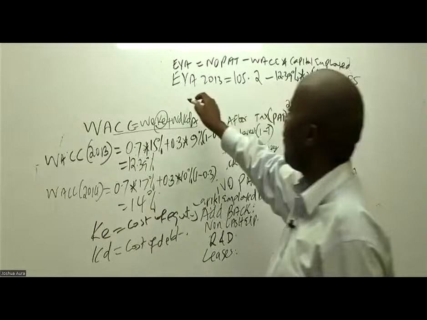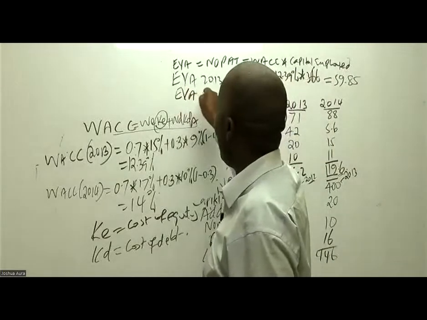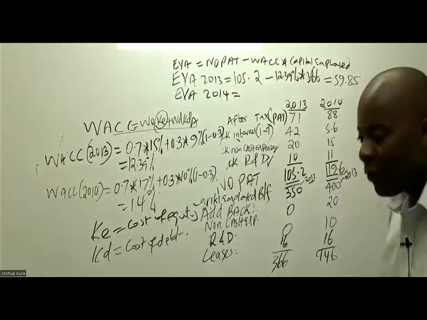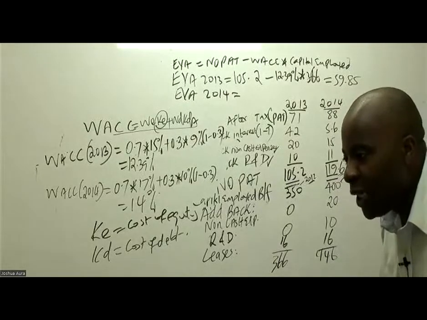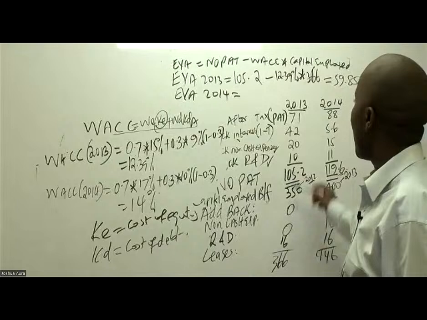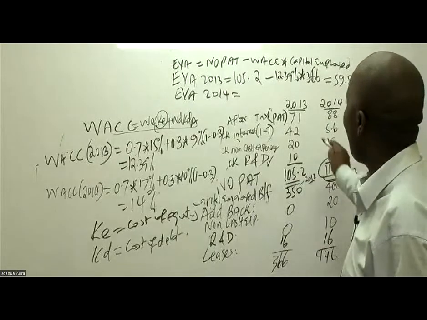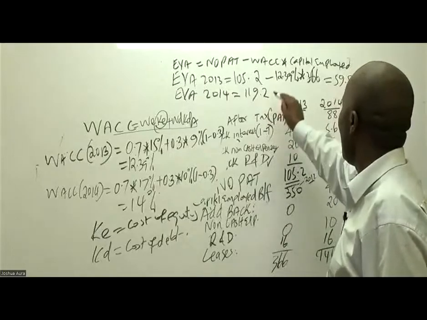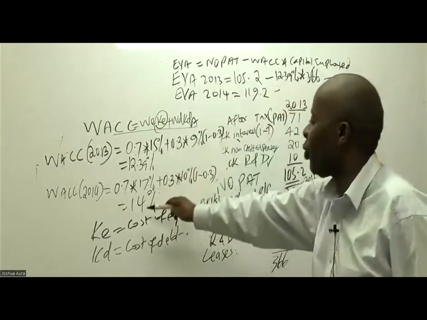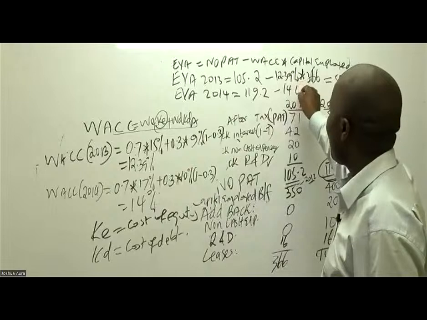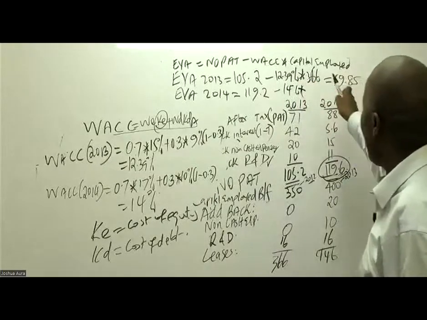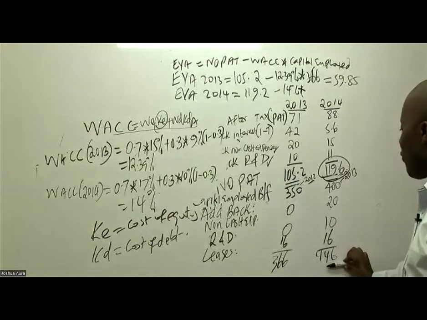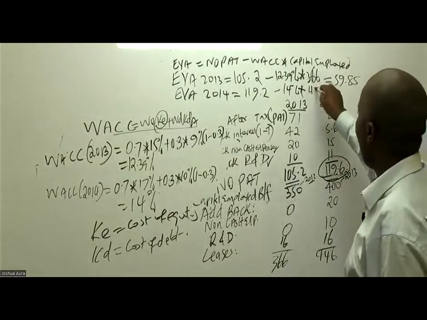And then now we have EVA for the year 2014. For 2014, the NOPAT is 119.2 minus the WACC for 2014, which is 14%, multiplied by the capital that was employed in 2014, which is 446.